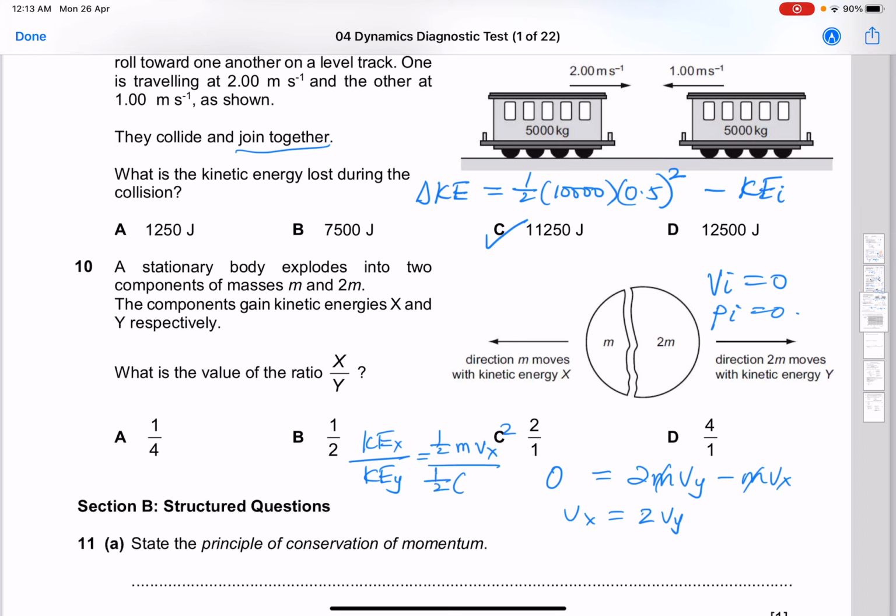Then half, this is the mass of y, and I can cancel away the common factors, and this will give you 2 over 1. Okay, answer is C.